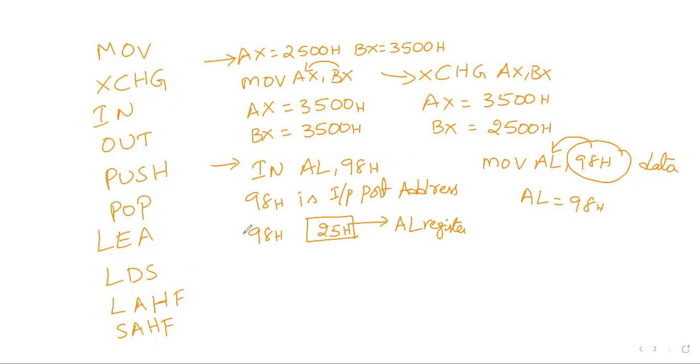Similarly, next one is OUT. For example, OUT 98 hexa, AL. So then what happens? OUT means we are sending the data to the output port.